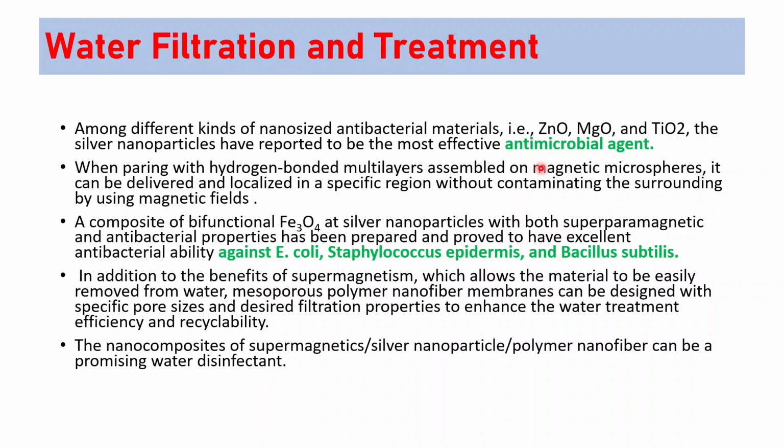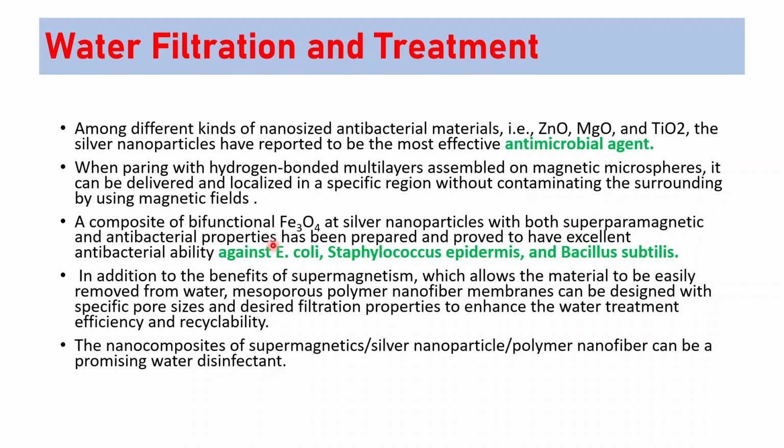When paired with hydrogen bonded multilayers assembled on magnetic microspheres, it can be delivered and localized in specific regions without contaminating the surroundings by using magnetic fields. When it is used as a composite with Fe3O4, the silver nanoparticles have both superparamagnetic and antibacterial properties.